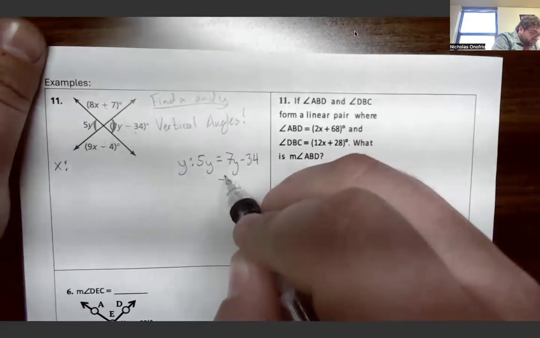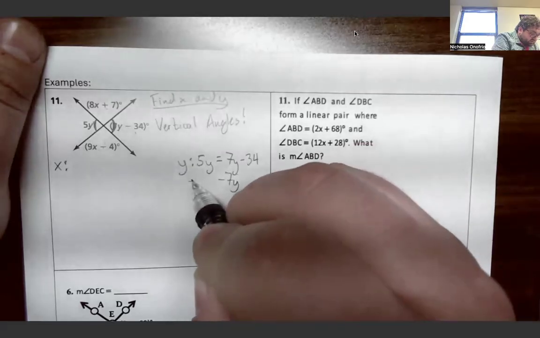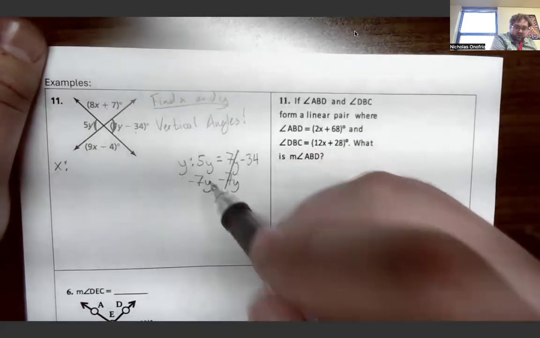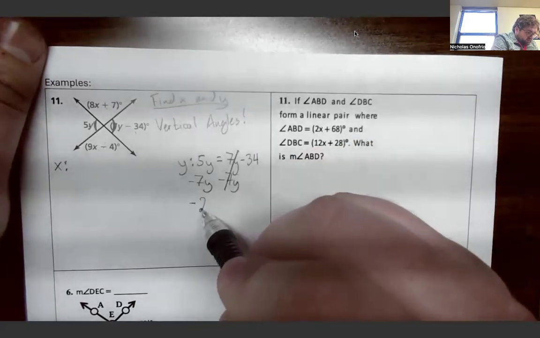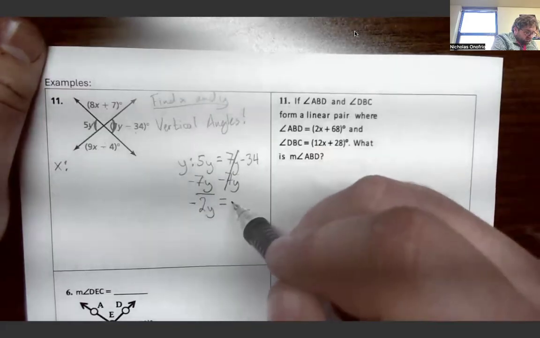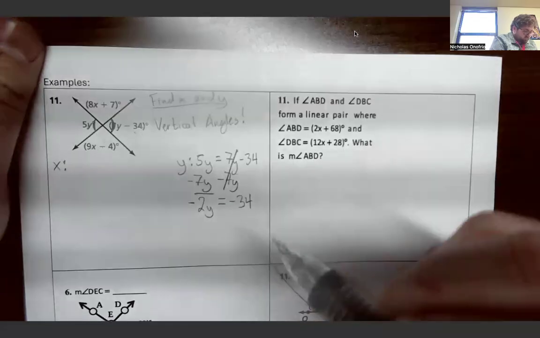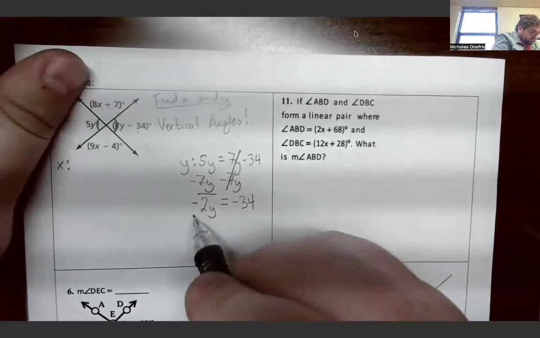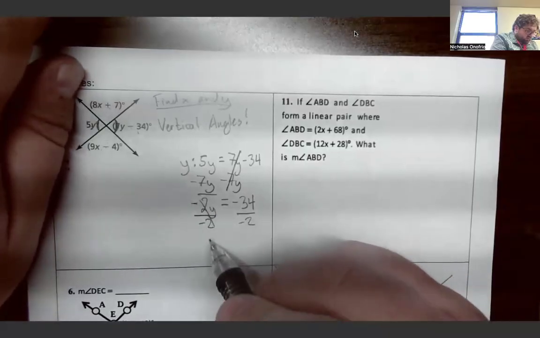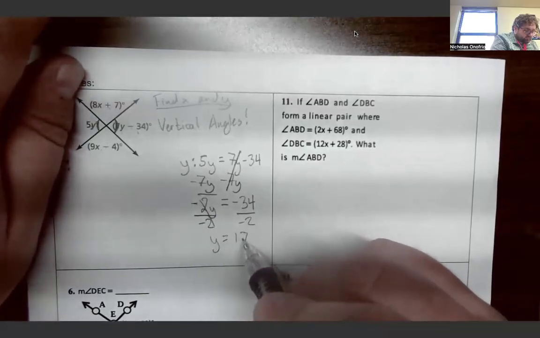So to get rid of a positive 7y, I subtract it on both sides. Those cancel. 5y minus 7y is negative 2y equals, all that's left is a negative 34. I divide both sides by negative 2. Y equals 17.